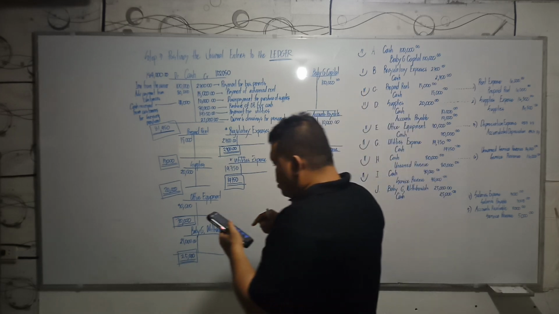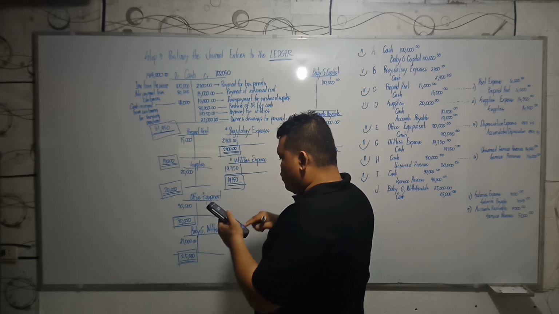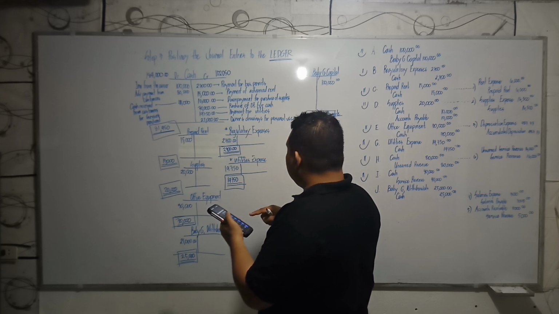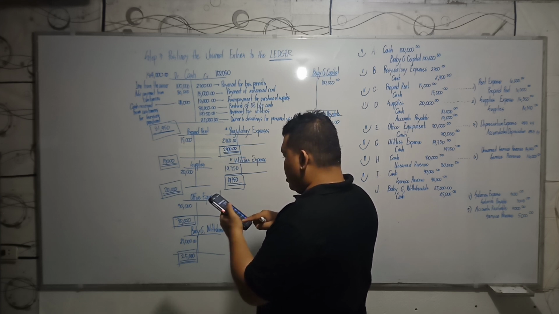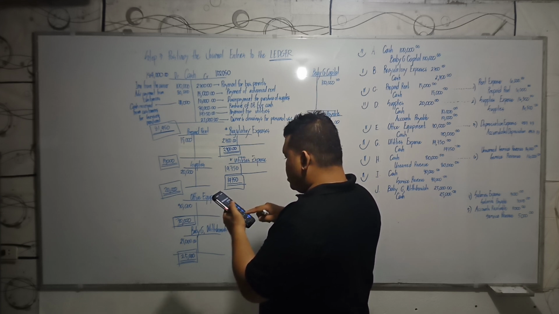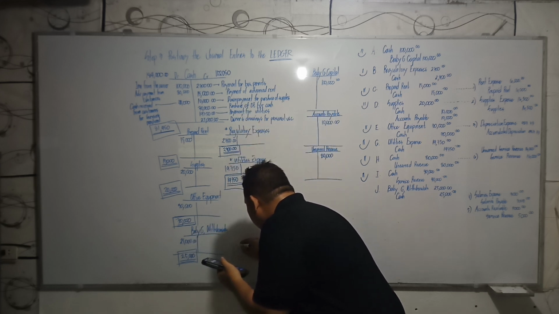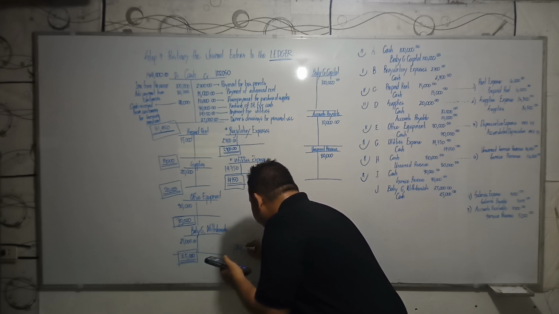So we have 81,950 plus 15,000 plus 20,000 plus 30,000 plus 25,000 plus 2,300 plus 19,750, and you will have a balance of all the debits, 194,000.